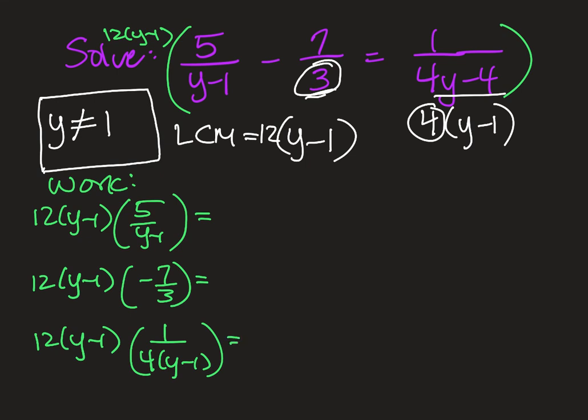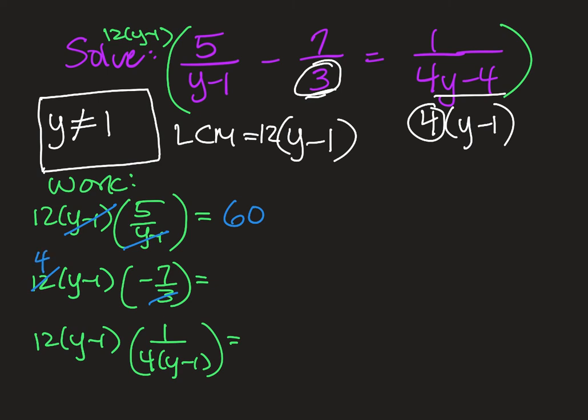So let's see what cancels. Now remember, I should have no fractions if I chose the right LCM. So the first one, when I'm doing the LCM times the first term, the y minus 1s cancel out. And what I'm left with there is just 60, 12 times 5. And then the second one, okay, so 12 and 3, that cancels to a 4 over 1.